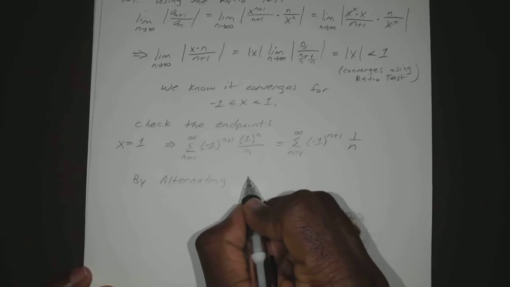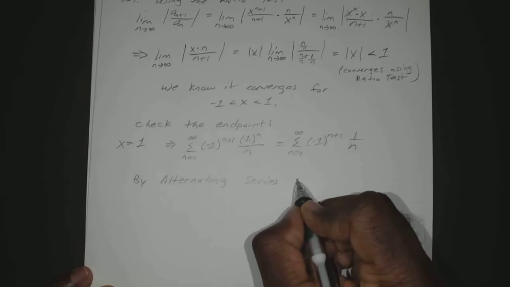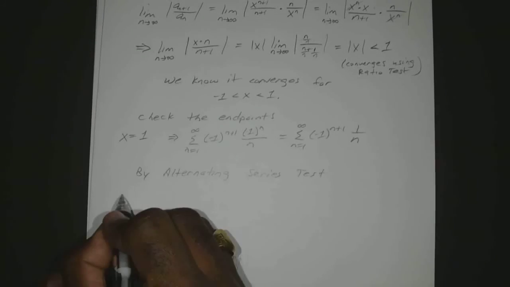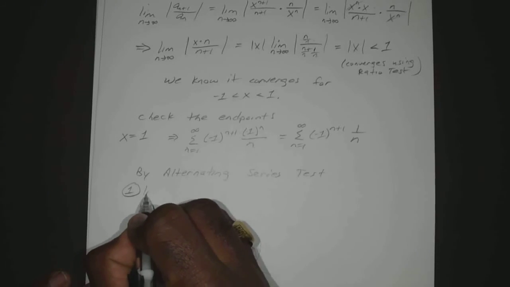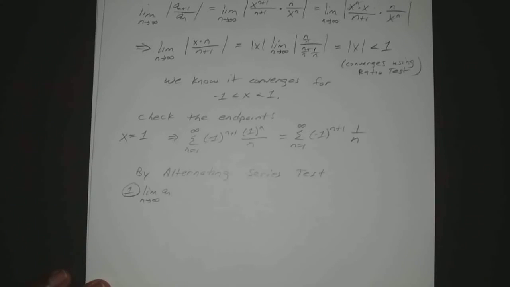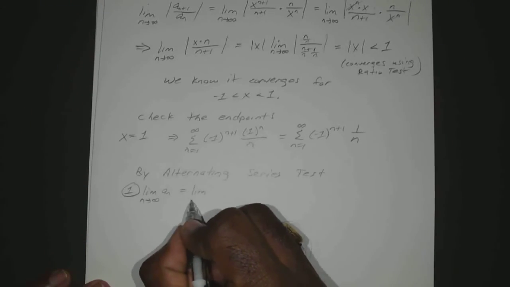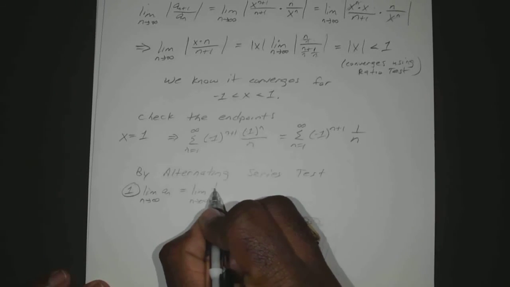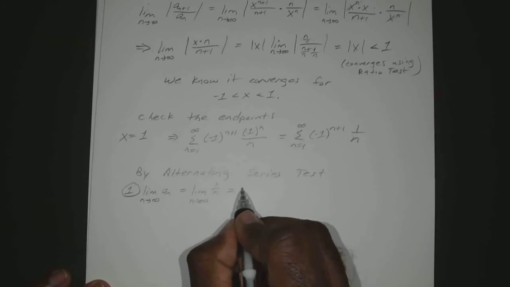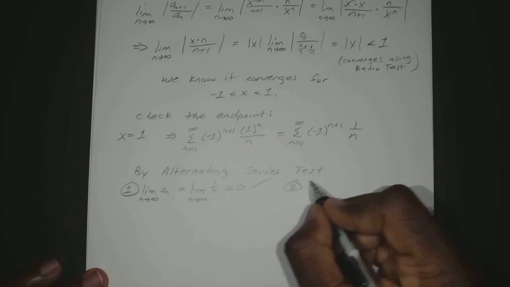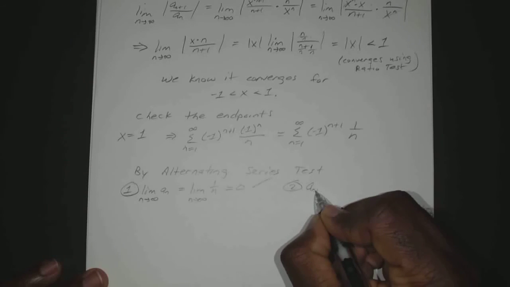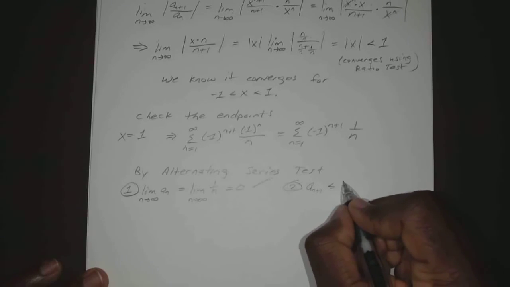By the alternating series test, if you remember, the first step of it, the limit of a sub n as n approaches infinity has to equal 0. So we know this is equal to the limit as n approaches infinity of 1 over n, which is 0, so that one checks out. And for the second one, we know a sub n plus 1 has to be less than or equal to a sub n.